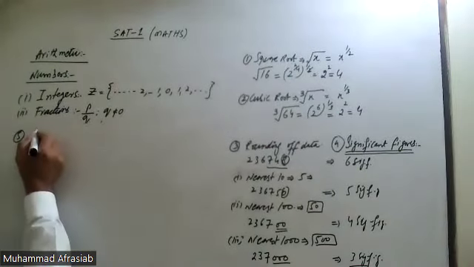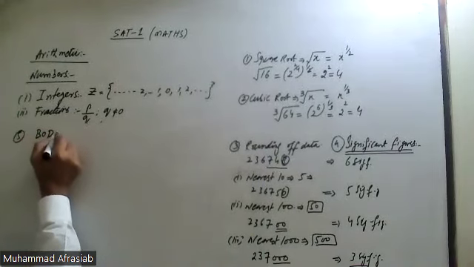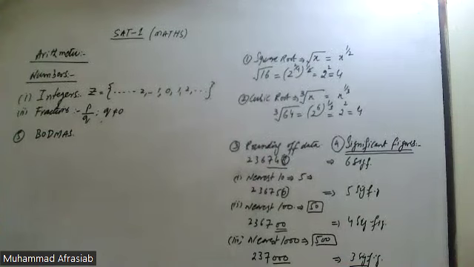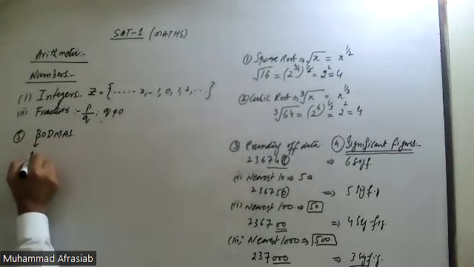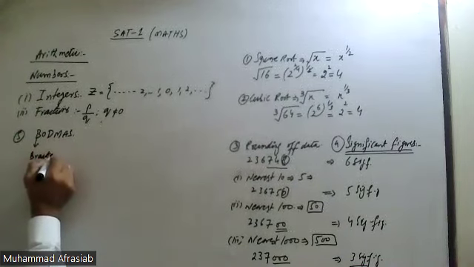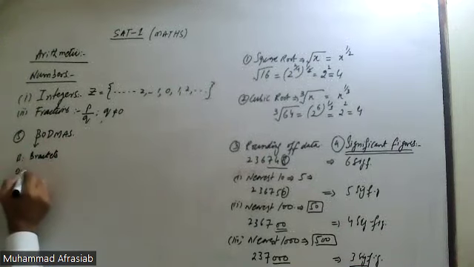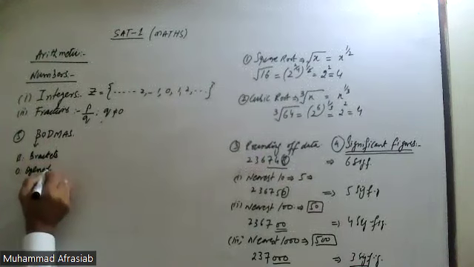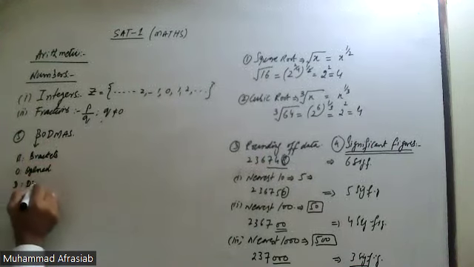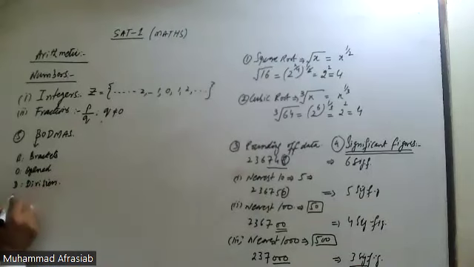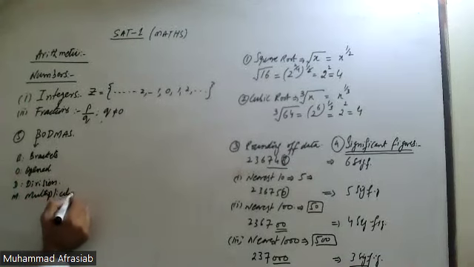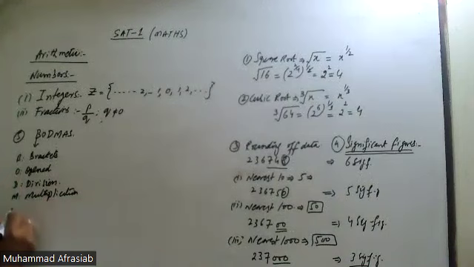Then we use BODMAS, where B is for brackets opened, then D stands for division, M stands for multiplication, A stands for addition, and S stands for subtraction.